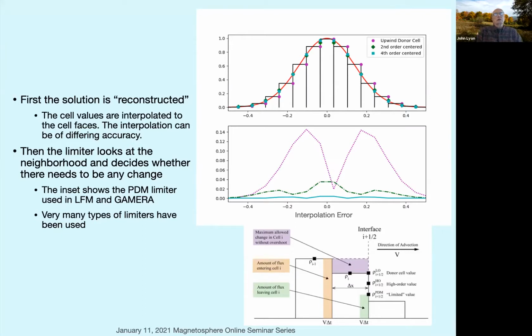Now, how does the limiter work? Well, it looks in the neighborhood and decides whether you need to do any change.